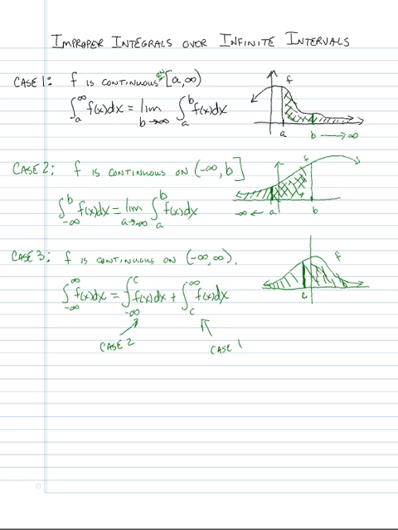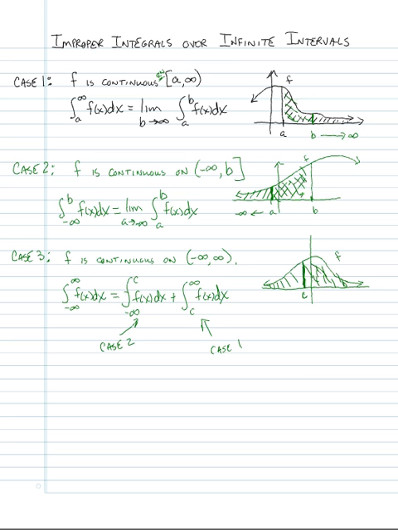So to do the integral from negative infinity to infinity means we need to do 2 integrals, and they each will be involved with limits. They revolve back to case 1 and case 2, and we do those separately. They'll each involve a limit.